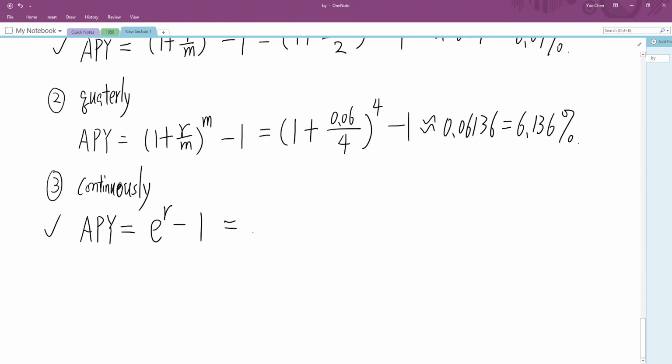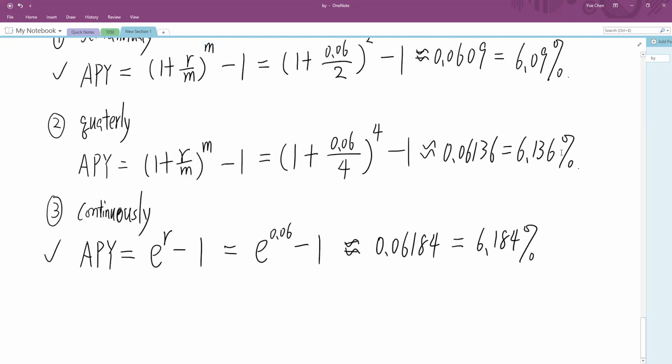This one is equal to e to the 0.06 minus 1. Okay. Then you plug in, and at last you will have 0.06184. So it's equal to 6.184%. Okay, so this is the number 16.